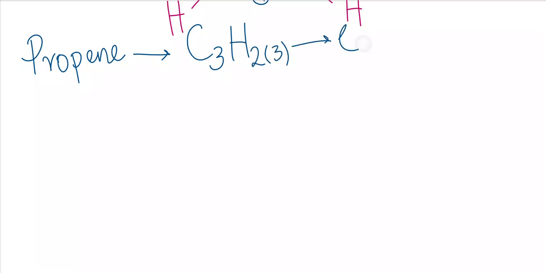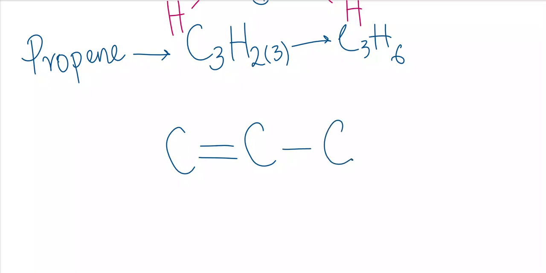So the molecular formula will be C3H6. There should be one double bond present between the 2 carbon atoms. So first you have to make sure of the carbon-carbon double bond and then the carbon single bond. Then you have to add the hydrogen atoms.